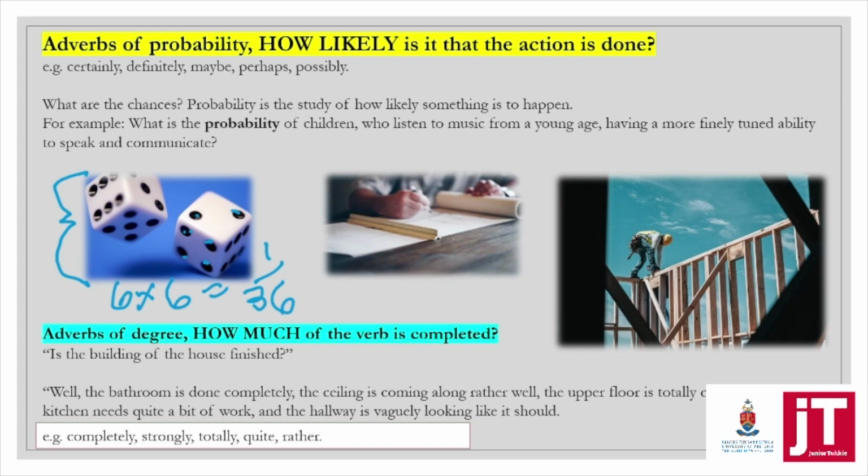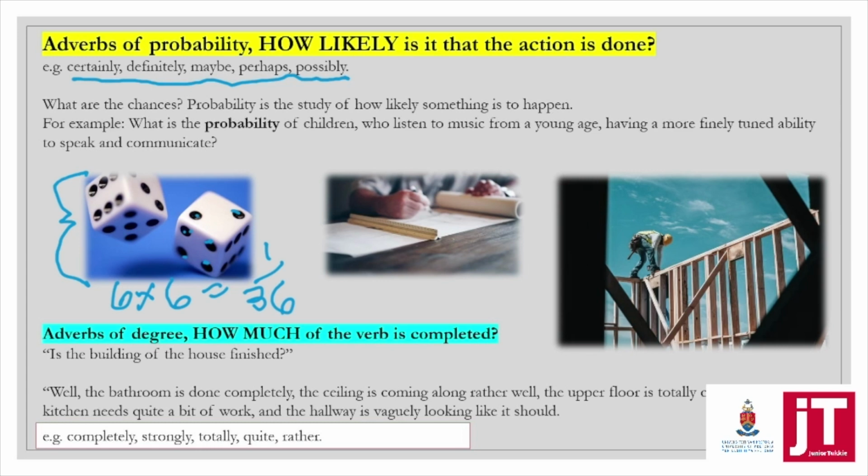So when we talk about probability in English, we're basically saying how likely is it that this action is going to be done. Okay, and some of the examples are certainly, definitely, maybe, perhaps, and possibly. For example, say you've got a younger sibling and someone asks them to clean their room and they say, okay, I'll go do it now, and they leave.